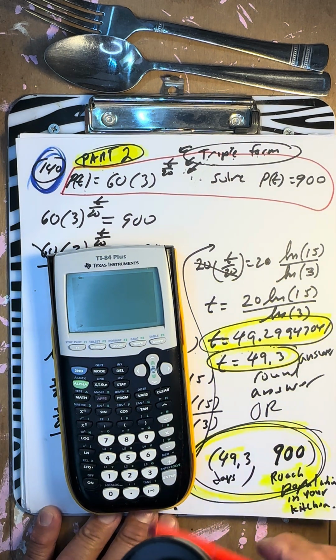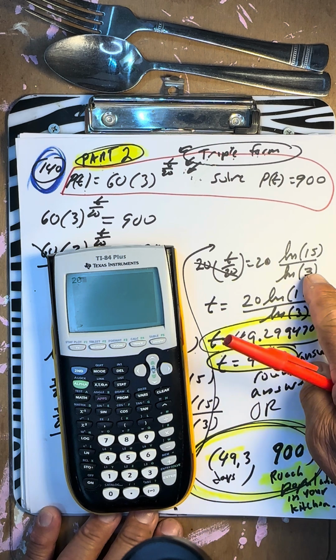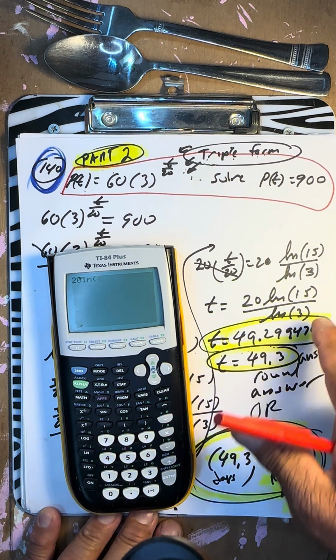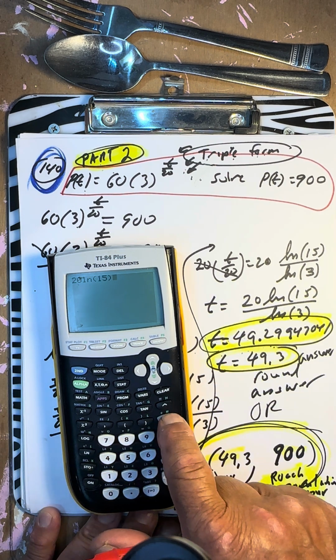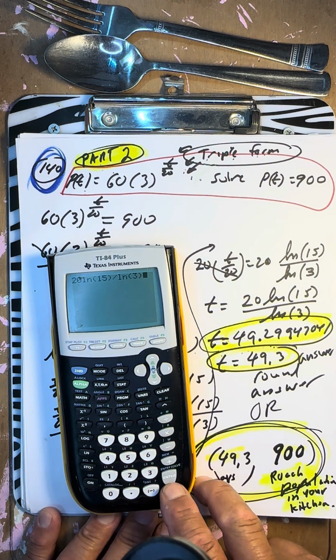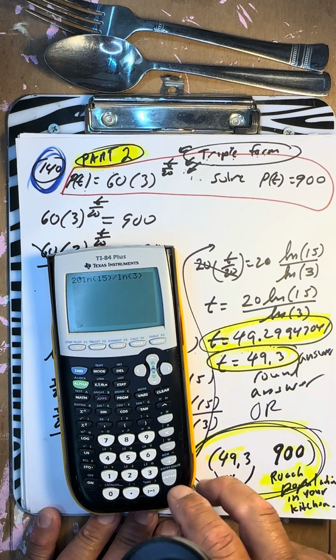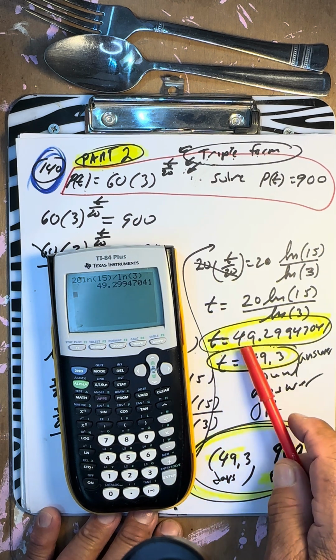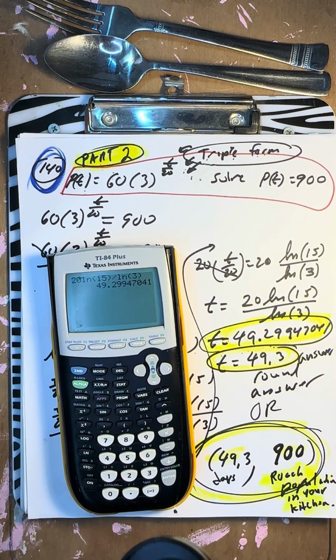So we have 20 times ln of 15 divided by ln of 3. Is that right? 20 ln of 15 divided by ln of 3. Enter is 49.29. Yep, all those numbers.